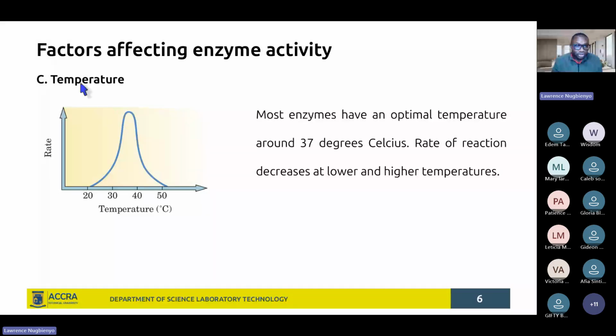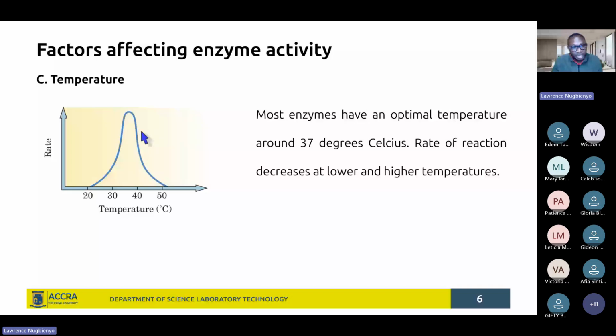So yes, temperature has these two ways. Either when you reduce the temperature, it reduces the rate of the enzymatic reaction, or when you increase it, that will result in denaturing of the enzymes and will also lower the enzyme activity.